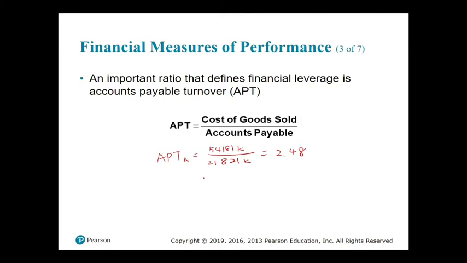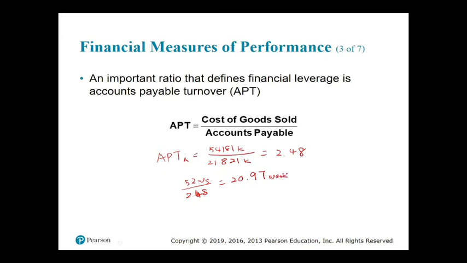And if we translate it into the amount of time that suppliers were waiting for their money to be paid, this is 52 weeks in a year divided by 2.48 APT, which means that basically Amazon is holding suppliers' money for, on average, 20.97 weeks.